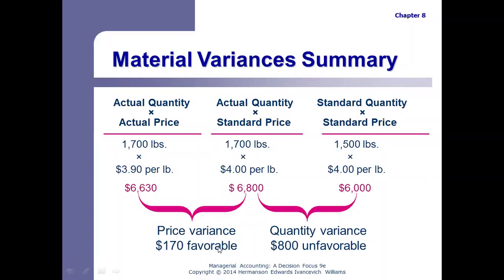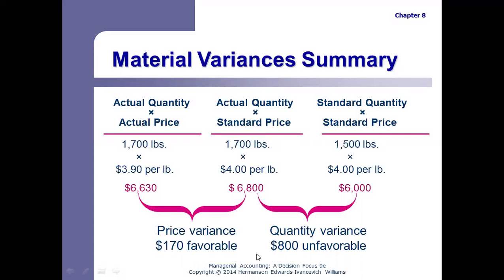Again, that favorable or unfavorable is important in variance analysis. This slide doesn't show it, but the total materials variance is the difference, again, between the outside columns. So $6,000 minus $6,630 gives us negative $630.